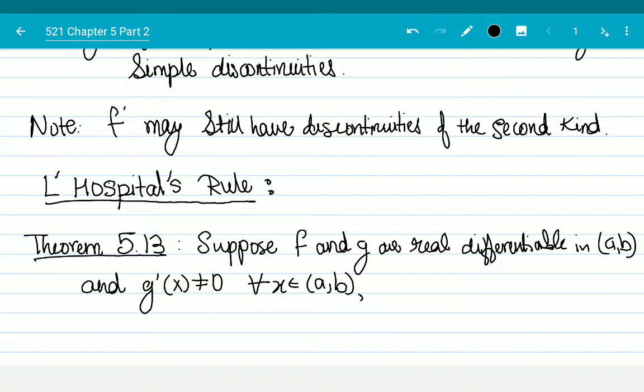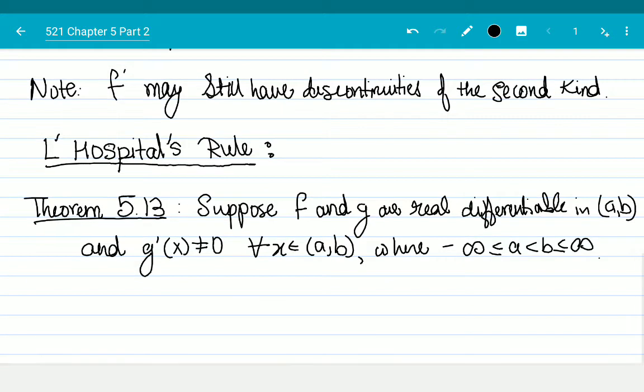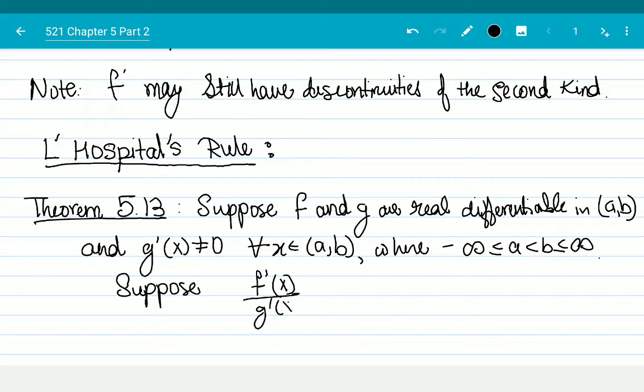Technically we can take extended reals, where minus infinity is smaller than or equal to a, strictly smaller than b, smaller than or equal to infinity. So this result holds for extended reals rather than just reals. Furthermore, suppose the limit of f prime of x over g prime of x exists and is A, as x tends to a.